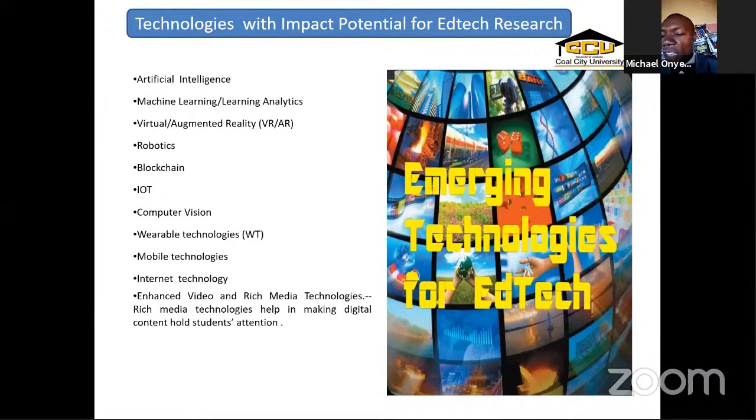So these are some of the areas that are very interesting. If you want to go into education technology research, talk about artificial intelligence. There's huge potential, be it expert systems, AI-based systems, IoT-based systems, Internet of Things-based systems, and a whole lot of them. They are the areas that people want to look at presently.